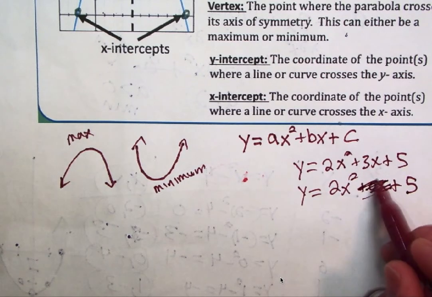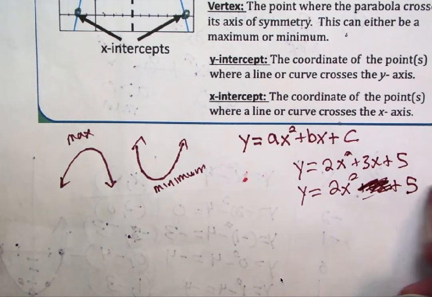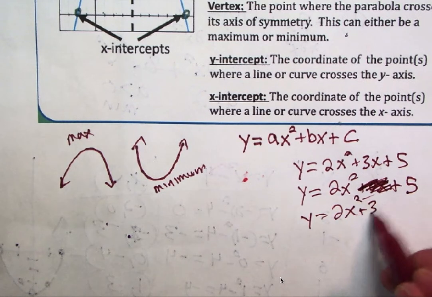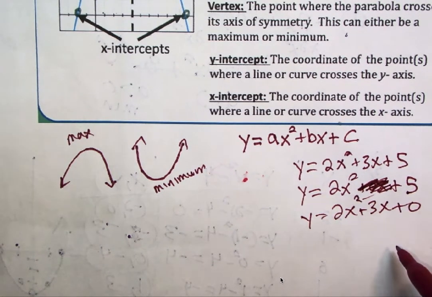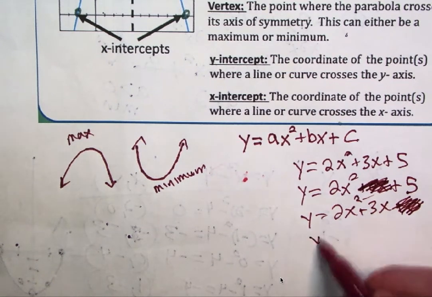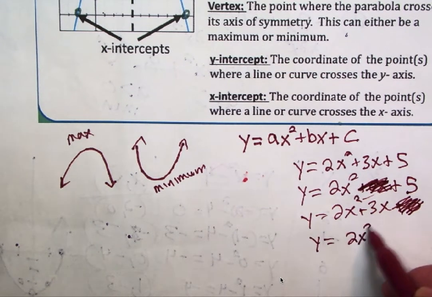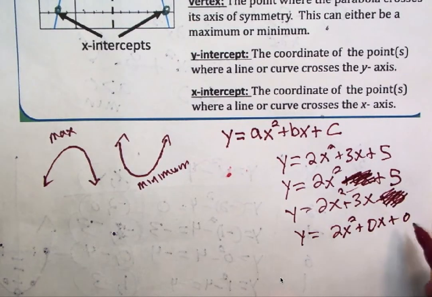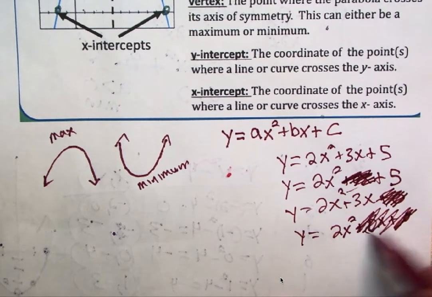So we can just get rid of that, and you'll see it as 2x squared plus 5. We're going to see quadratics where the c value is 0, right? 2x squared plus 3x plus 0. But again, mathematicians don't write the 0, right? So we'd see it like that. And we might just see it where both b and c are 0. And we don't write it, so we'll just see it like that.